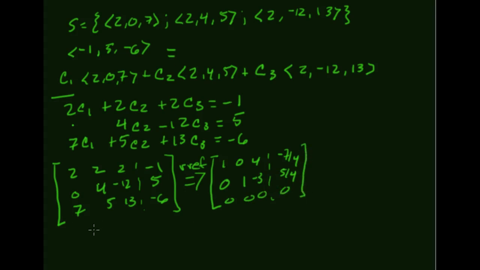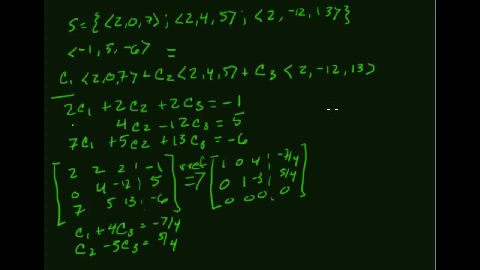So this tells me that C1 plus 4C3 is negative 7 fourths, and C2 minus 3C3 is equal to 5 fourths, right?